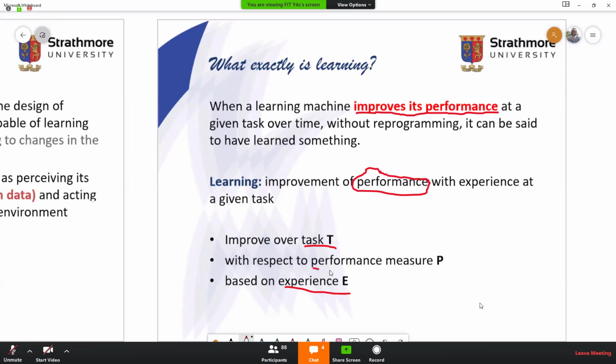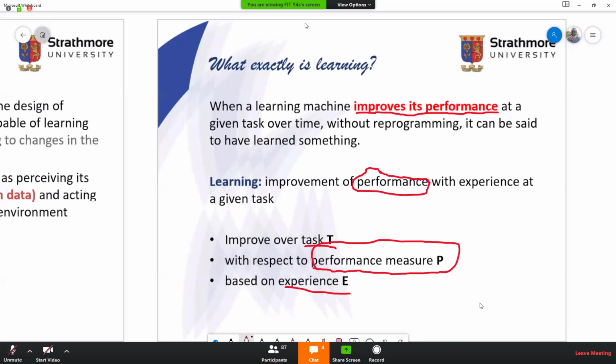Then, very importantly, there is something called a performance measure. This performance measure is what is supposed to tell us whether this is machine learning or not learning, because it must improve its performance. And we use various ways to measure performance.